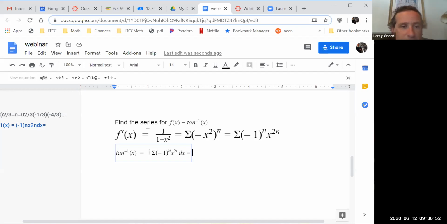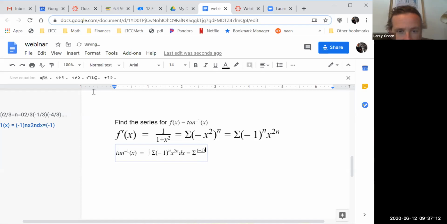And that is equal to the summation of negative 1, and let me make it as a fraction.